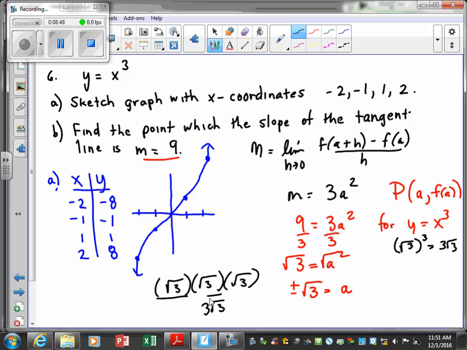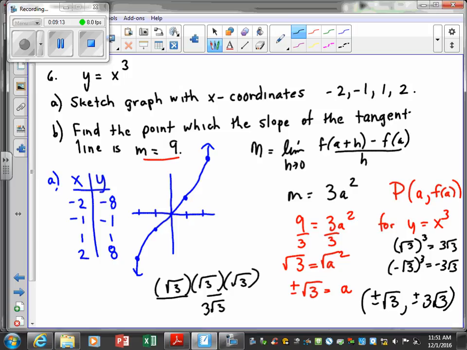Now what if we evaluate it at the negative square root of 3? What does that give us? Negative 3 square root of 3. So our point P is going to have x values plus or minus the square root of 3, and our y values we can write as plus or minus 3 square root of 3.